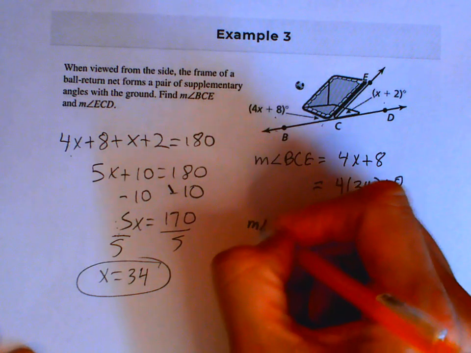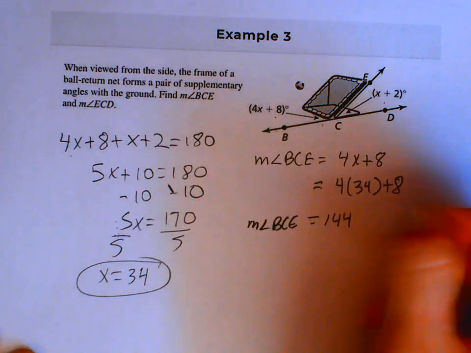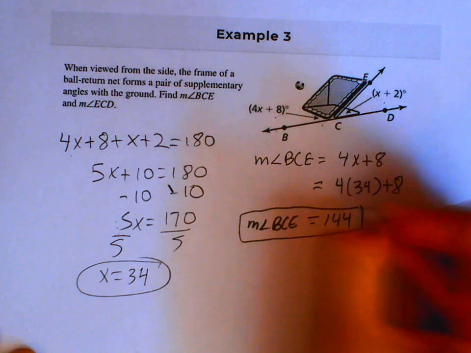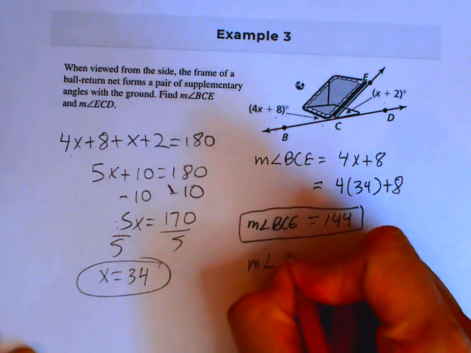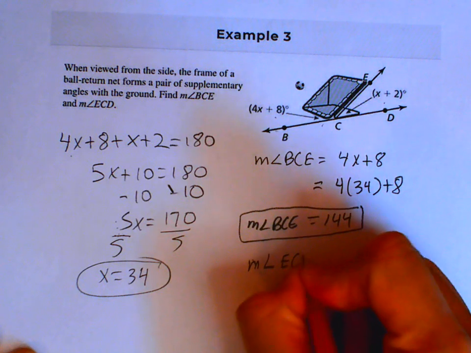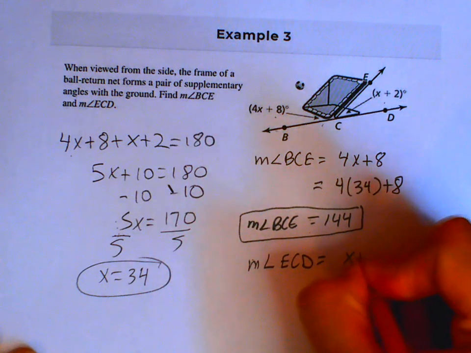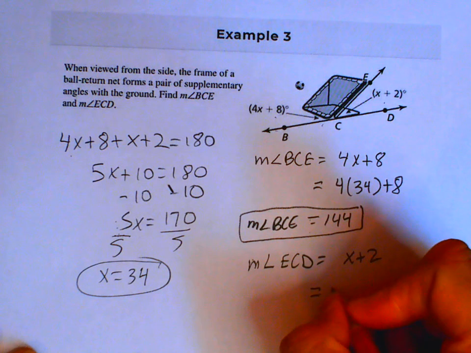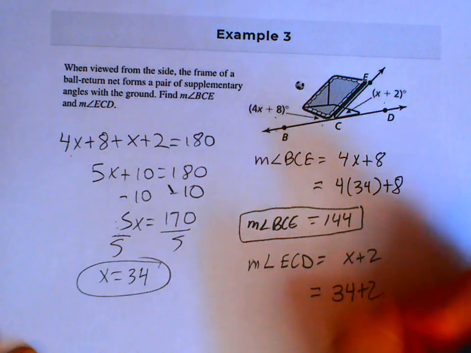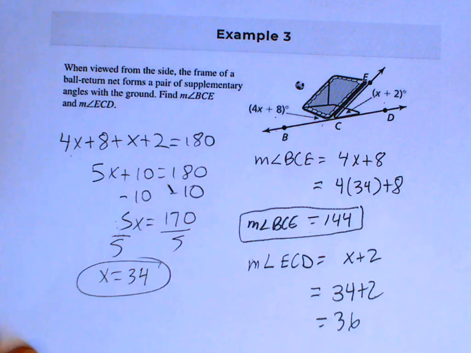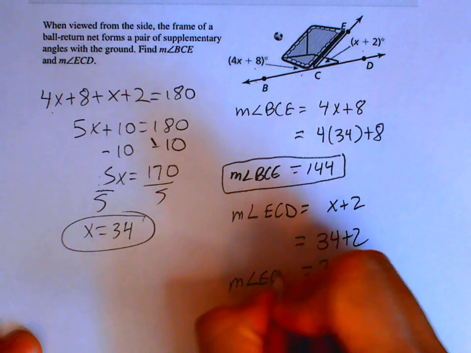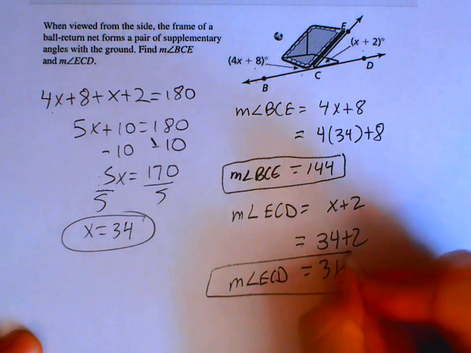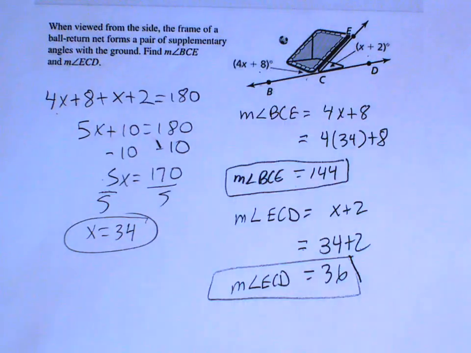So that's the measure of BCE. Now all I have to do is go back and put it in the other one. The measure of ECD is x plus 2. That's even easier because x is 34. 34 plus 2 is 36. So that's the measure of ECD, 36. And that is example 3.